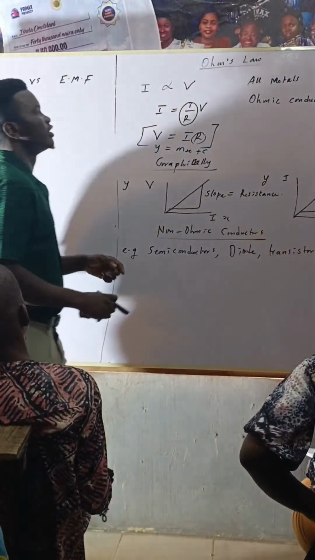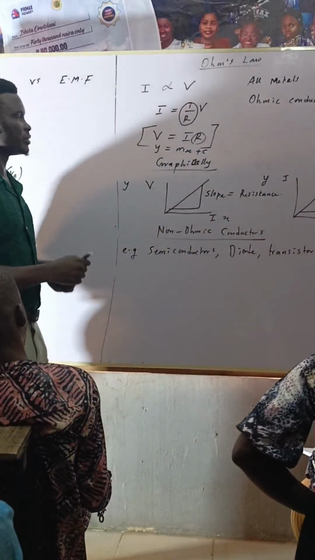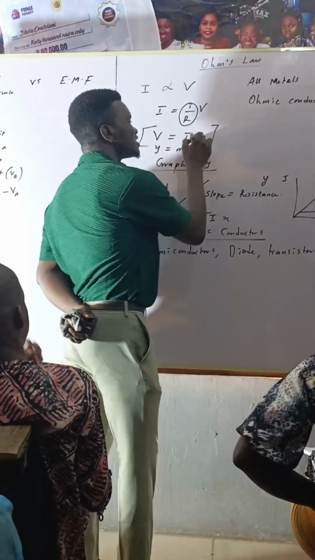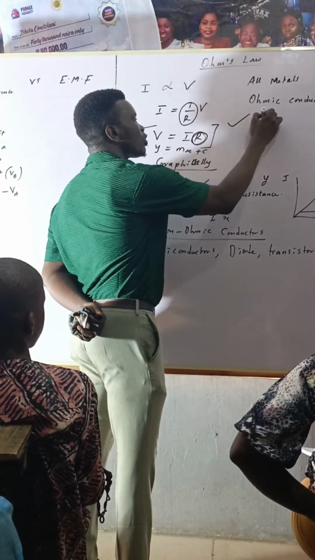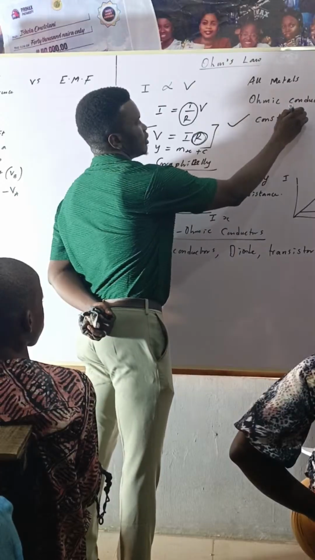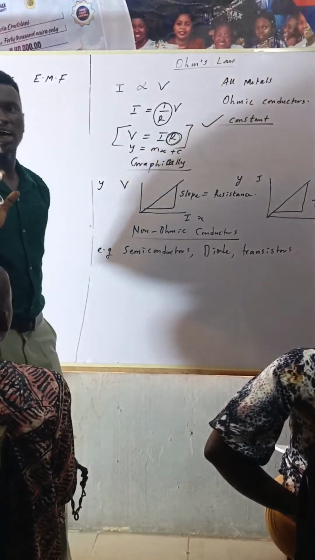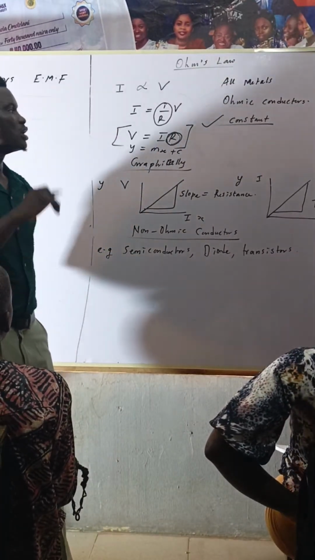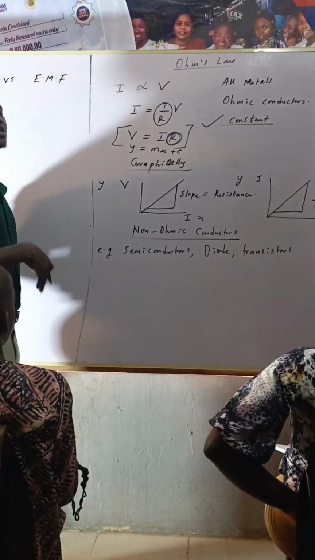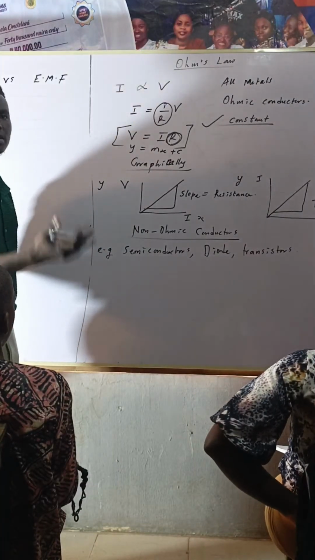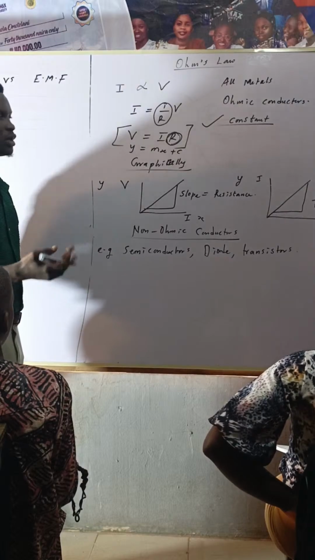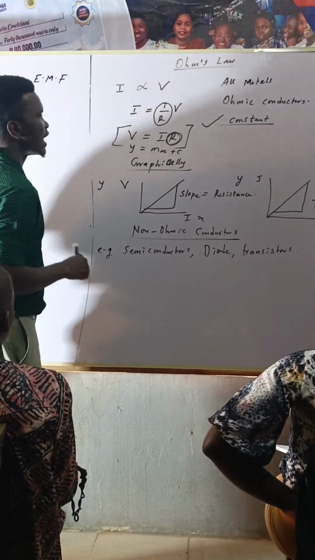Now, if you look at what we have here, resistance is usually constant for a particular component. Now, we can have a variable resistor. You can keep changing resistance.